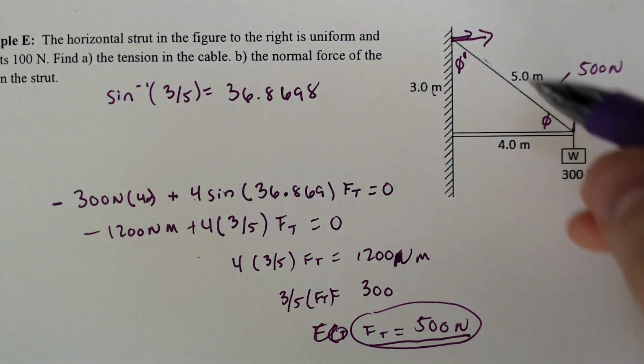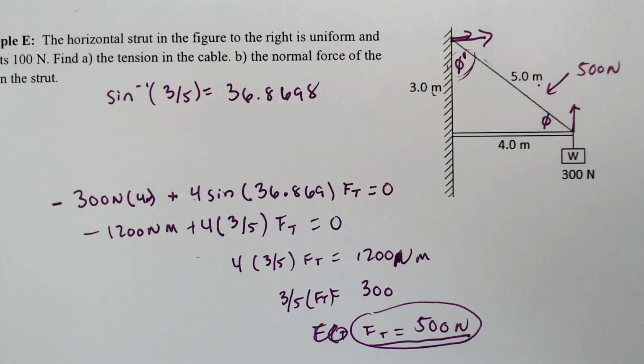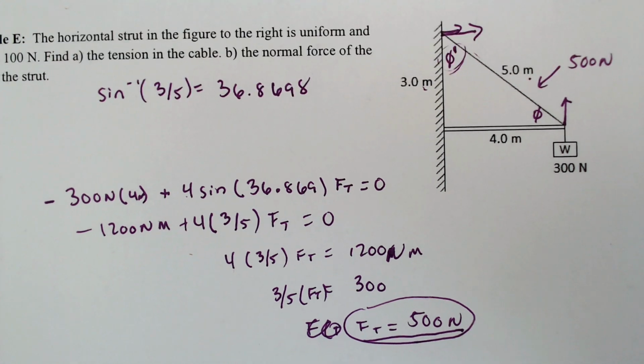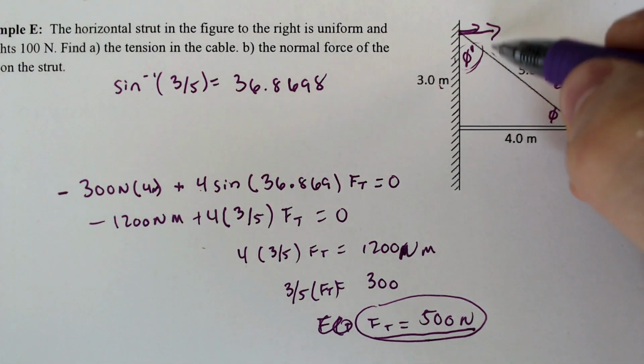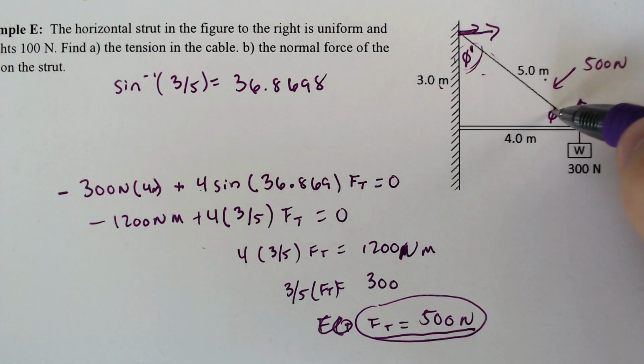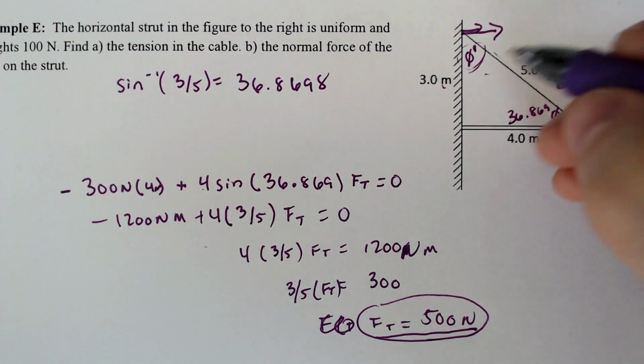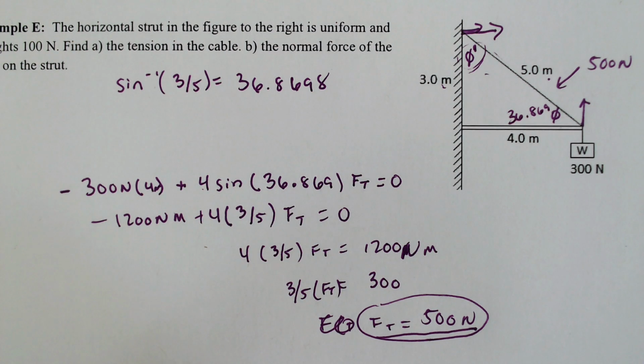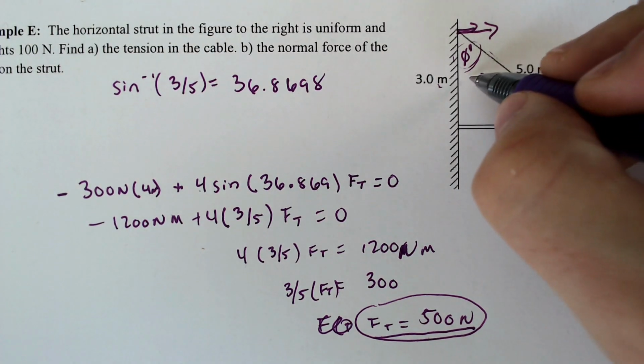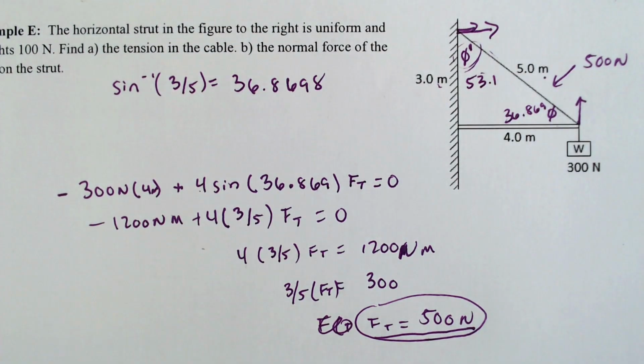Well, the normal force on the wall is going to involve this angle up here, and that angle up there is complementary to this angle down here. So if this is 36.869, this would be 90 minus 36.8698, which is 53.1.